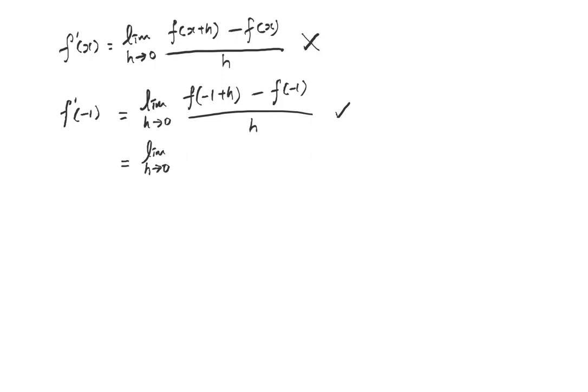So this will be 2 square root of, I imagine this as h minus 1, so it will be 1 minus 2 times h minus 1, take away square root of 1 minus 2 times negative 1, divided by h.